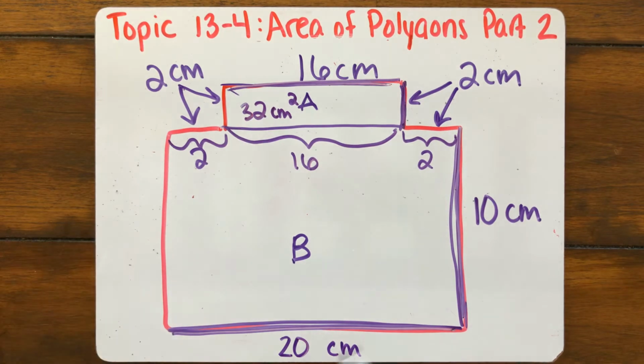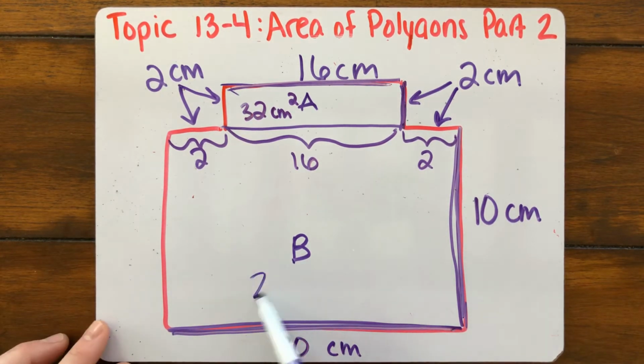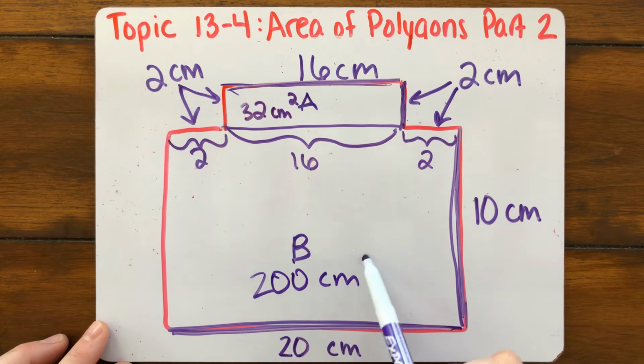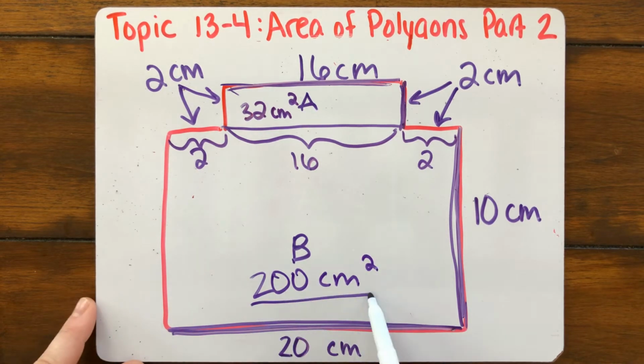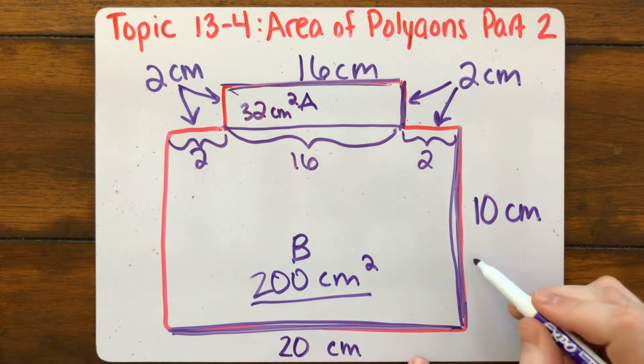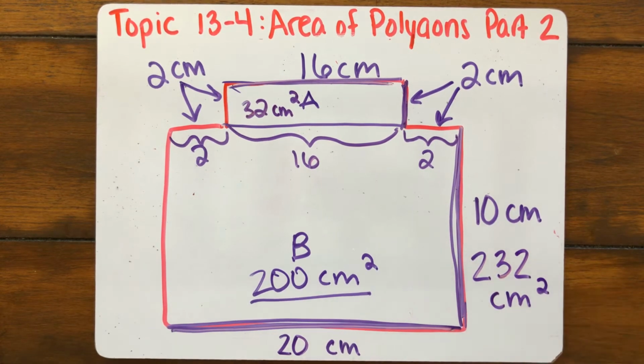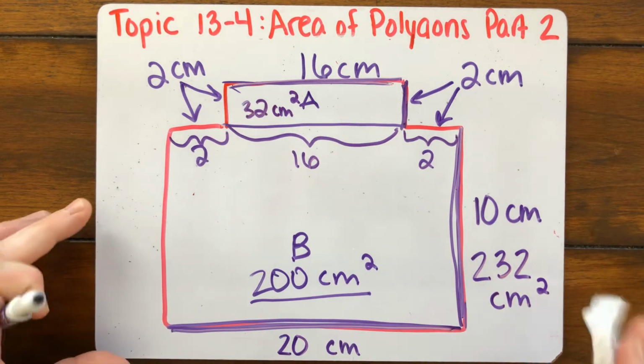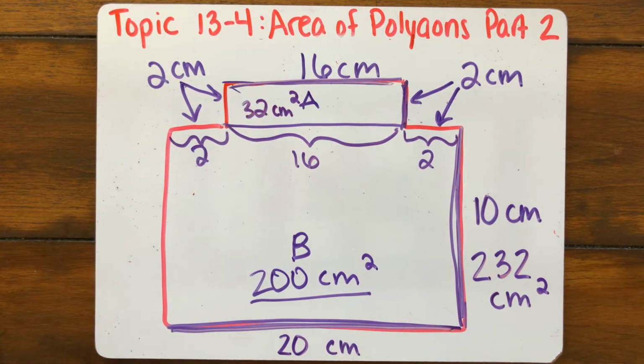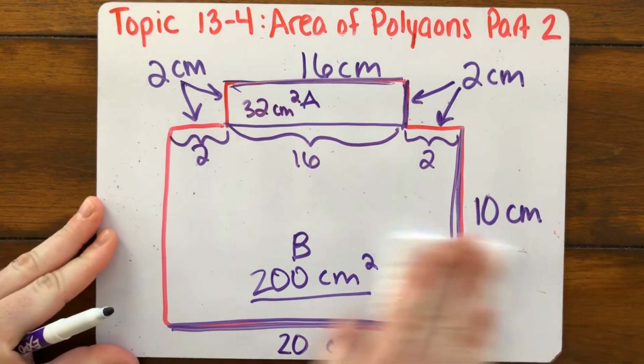So 20 times 10 is 200 centimeters squared. 200 centimeters squared plus 32 centimeters squared, our total area is 232 centimeters squared. All right, so those are the 2 that I thought people had some issues with yesterday.